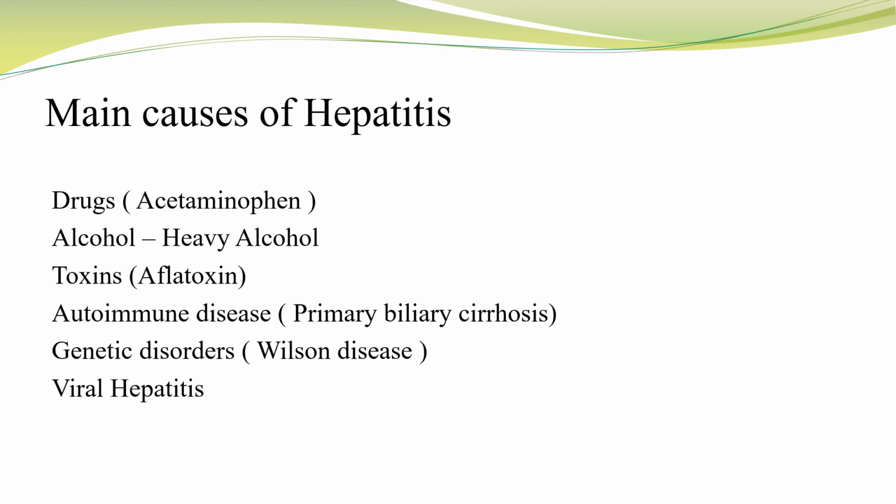Toxin, in particular aflatoxin, and also autoimmune disease, in particular primary biliary cirrhosis. Genetic disorder like Wilson disease, the impairment of copper metabolism. And also we talk about the most common cause of hepatitis, viral hepatitis.